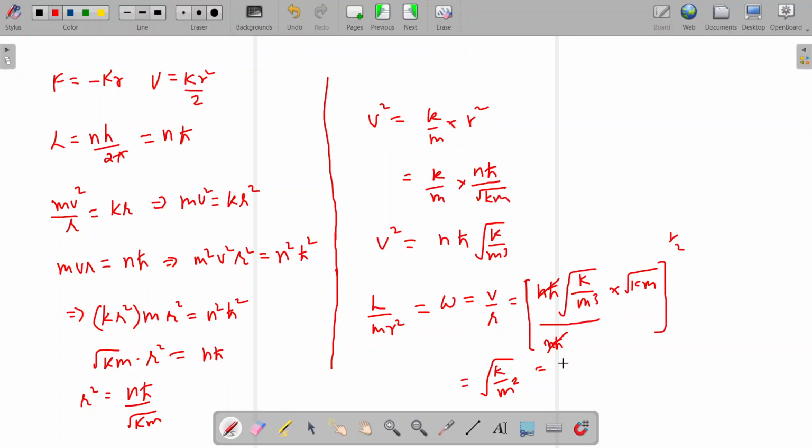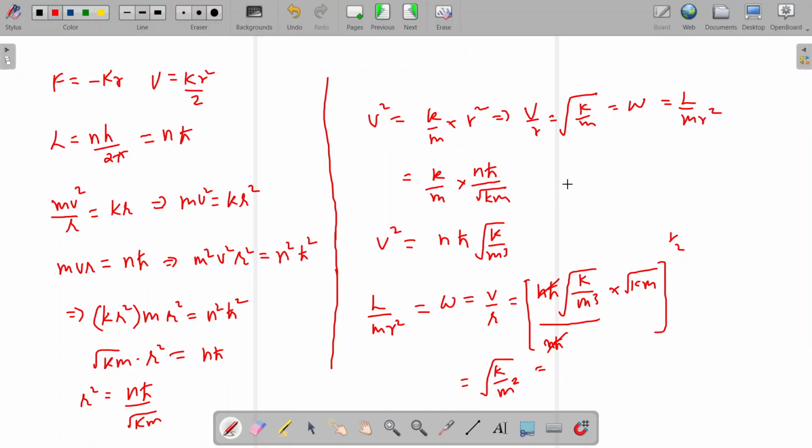So from this expression only we can say v by r is equal to square root k by m. m would somewhere cancel out here. So this is what omega is, and this is L by m r square.